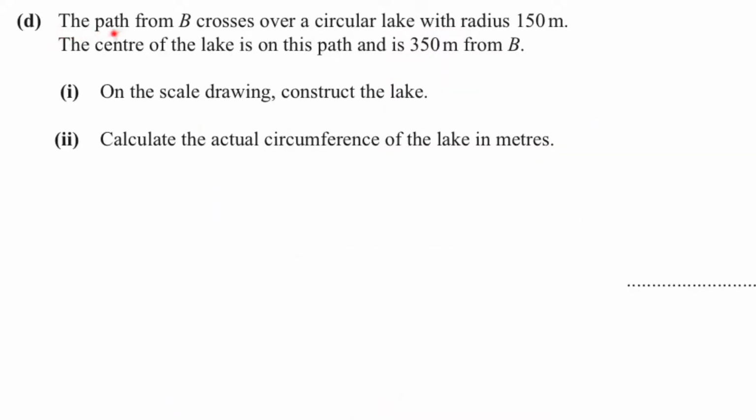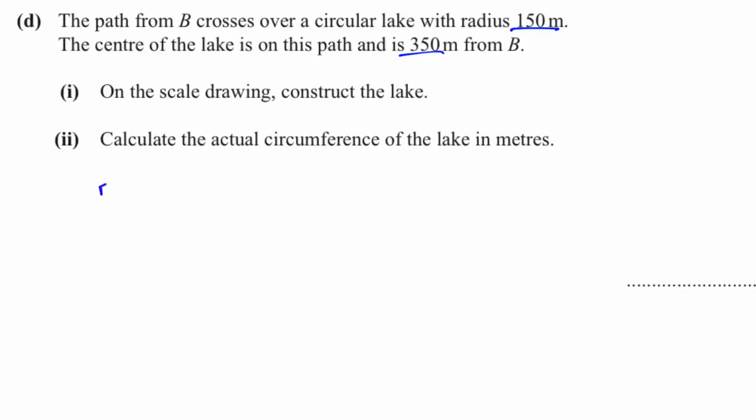Part D. The path from B crosses over a circular lake with radius 150 meter. The center of the lake is on this path and is 350 meters from B. On the scale drawing, construct the lake and calculate the actual circumference of the lake in meters. Before we start, let's change the meters into centimeters.